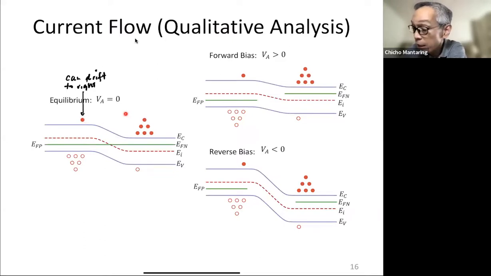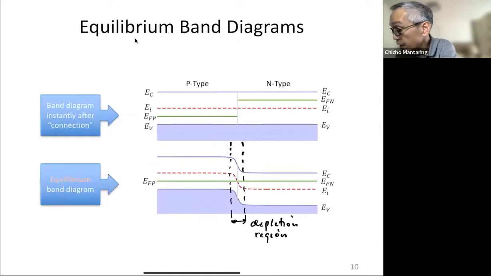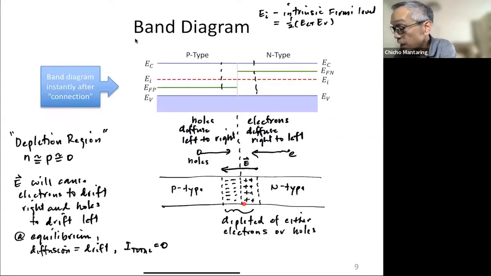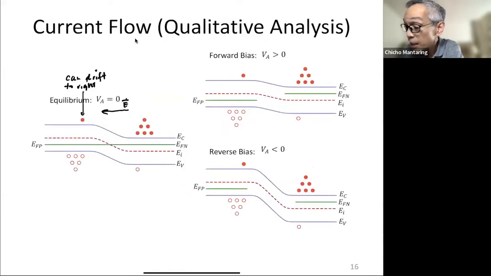And remember, in the depletion region you have an electric field going from the left to the right. So this electron, if it is in the vicinity of the depletion region, will actually fall down this hill. It can drift to the right.